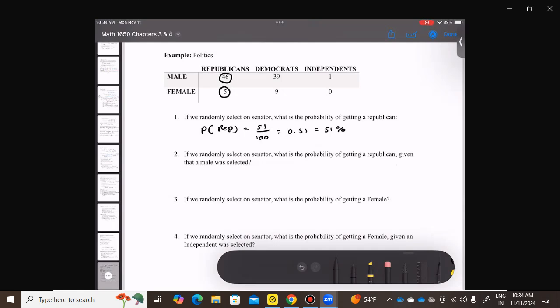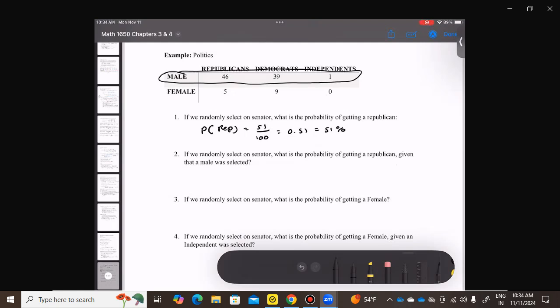Okay, now we'll do one that has some given information. If we randomly select one senator, what is the probability of getting a Republican given that a male was selected? Right, so the male was selected, so we're only looking at that data. And we want to know the probability of getting a Republican there.